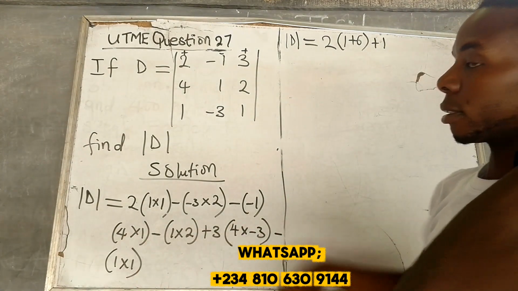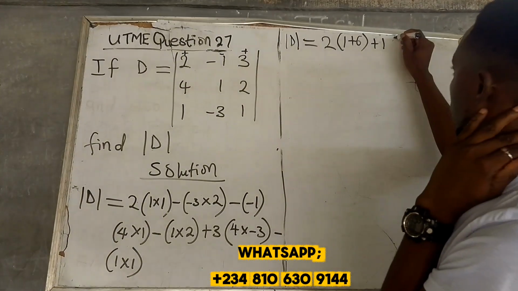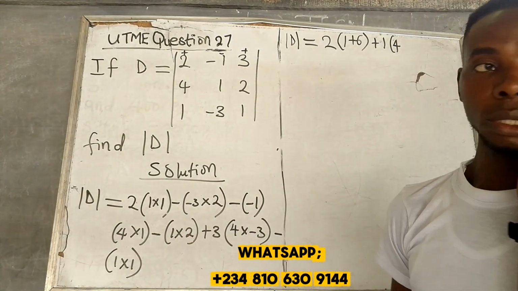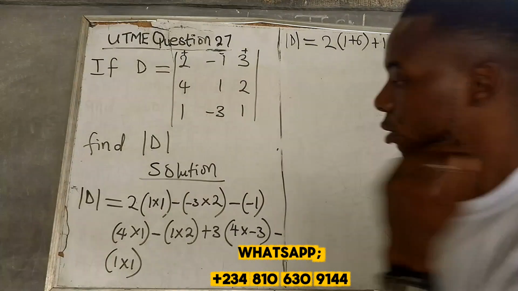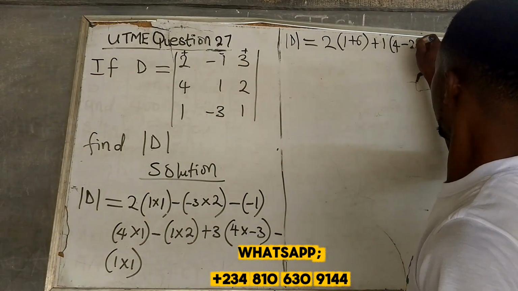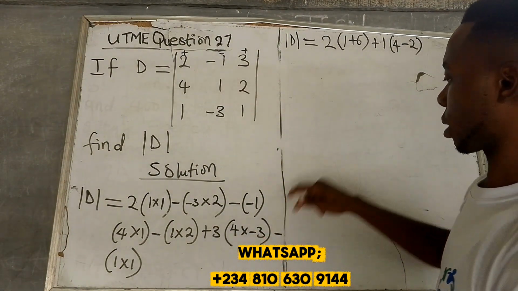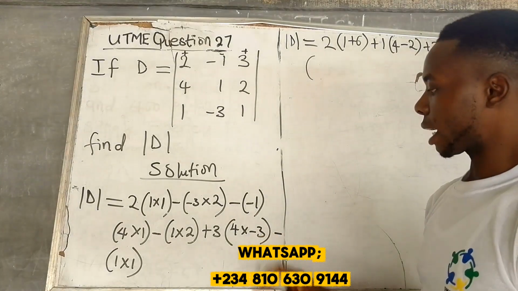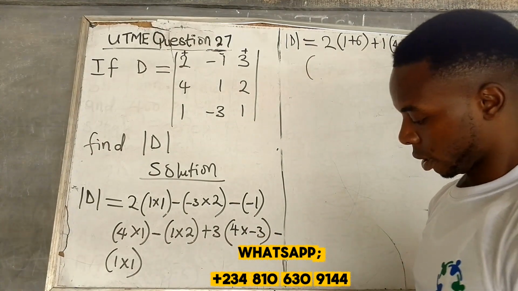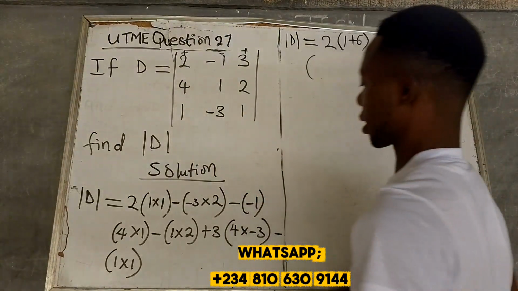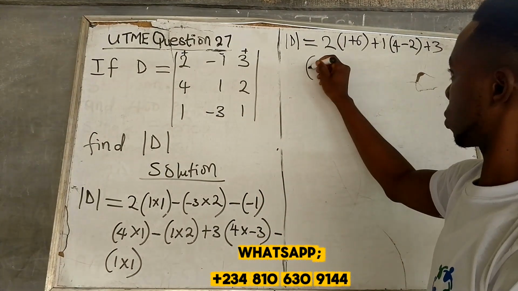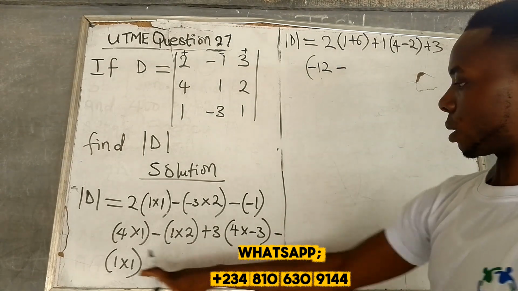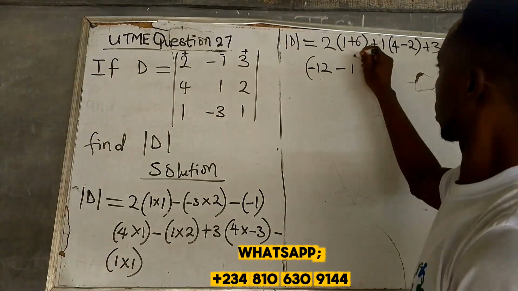Right? 4 times 1 is 4. Write down 4 minus 1 times 2, 1 times 2 is 2, right? Yes, minus 2. And the next one is plus 3. Open a bracket. 4 times minus 3 is minus 12. And minus 1 times 1 is minus 1.